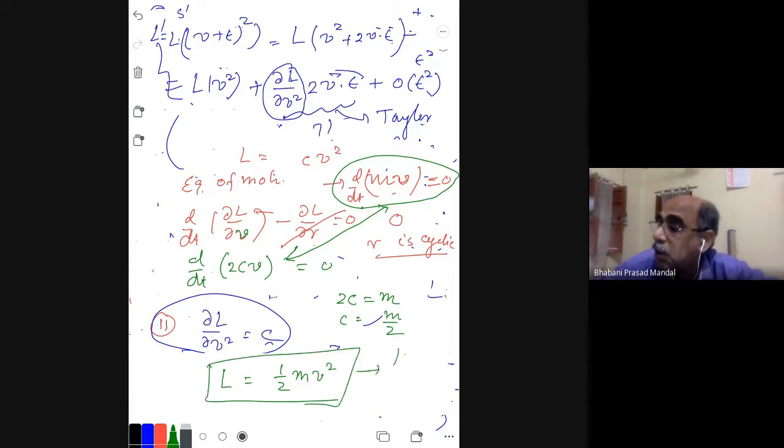That means the kinetic energy of the system. So the Lagrangian of a free particle is nothing but the kinetic energy of the system.